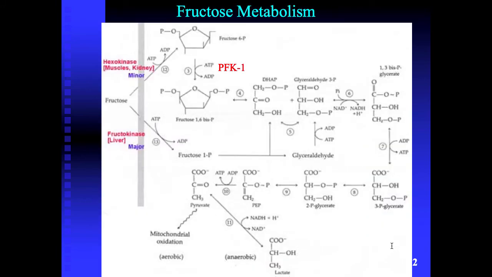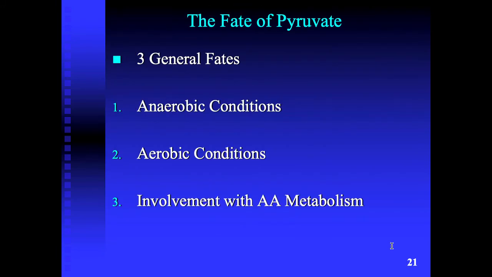Now, oops, that was fast. So now if we go glucose through glycolysis to pyruvate, what are the options for pyruvate? Under anaerobic conditions, what does it become? Lactate. Also known as lactic acid.